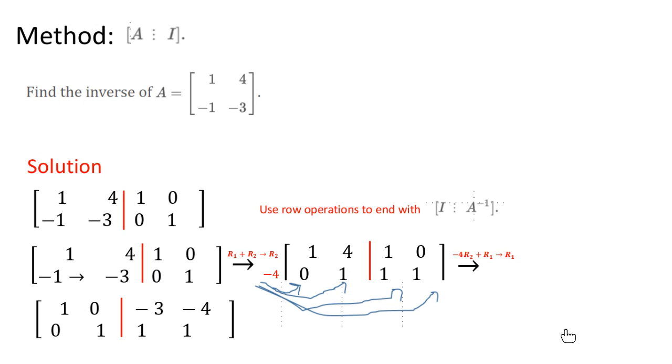So do we already have the identity matrix on the left side? Is this the identity matrix? Yes. So this is your identity matrix. This is I, and whatever we have left here, that's going to be your A inverse.